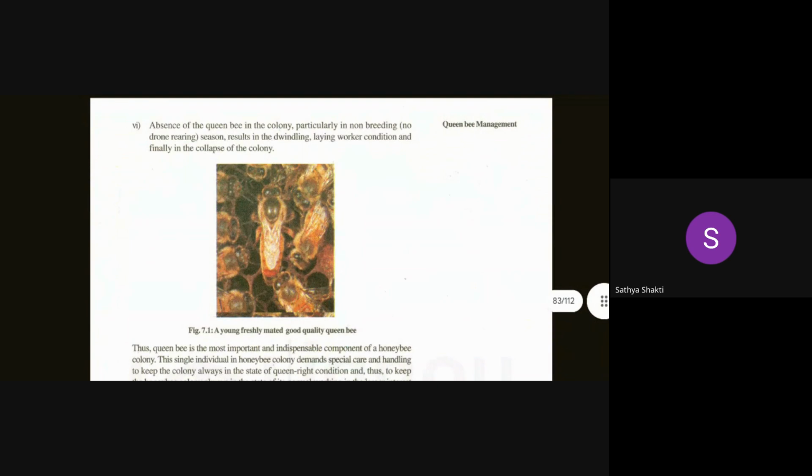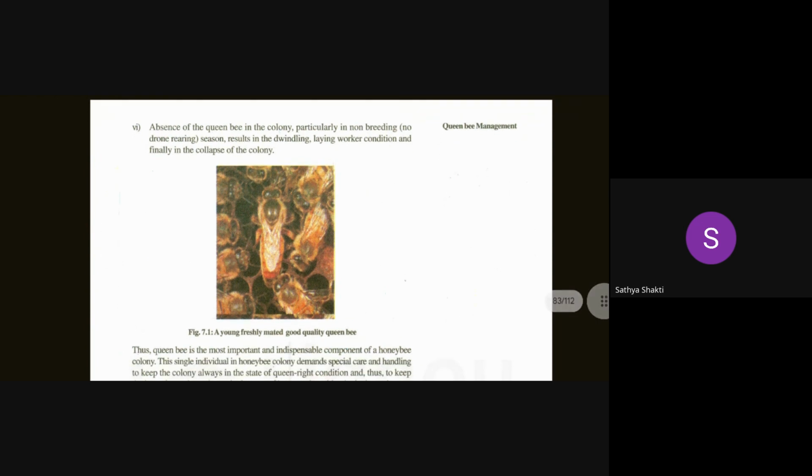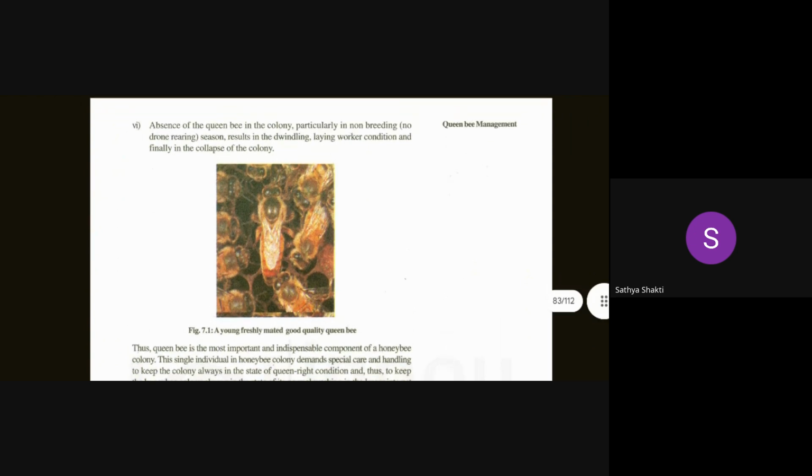In the absence of queen bee in the colony, particularly in the non-breeding, that is no drone rearing, season, it results in dwindling, laying worker conditions, and finally in the collapse of the colony. Yes, in the absence of queen bee, workers start laying eggs, which produce drones and result in collapse of the colony.